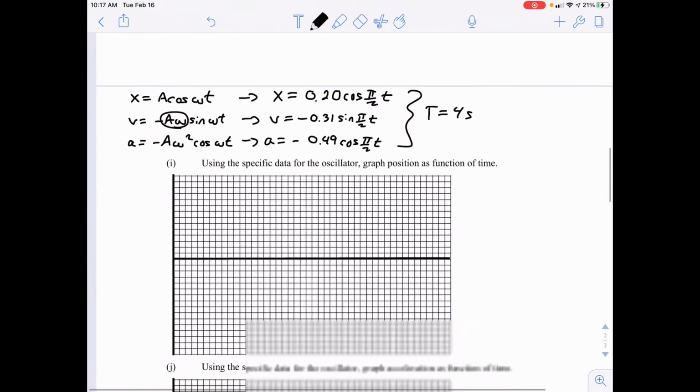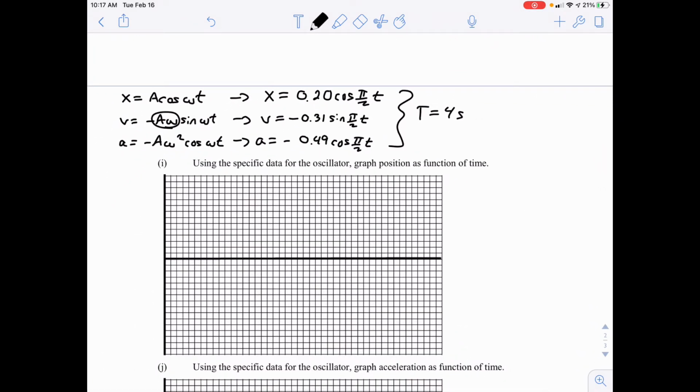So what I'm going to do in this picture is I'm going to go a certain distance. I'm going to call that 4 seconds. So actually, I'm just going to complete 2 cycles of this, okay? So I'm going to go halfway on the picture, make that 4 seconds. I'm going to go the rest of the way and make that 8 seconds.